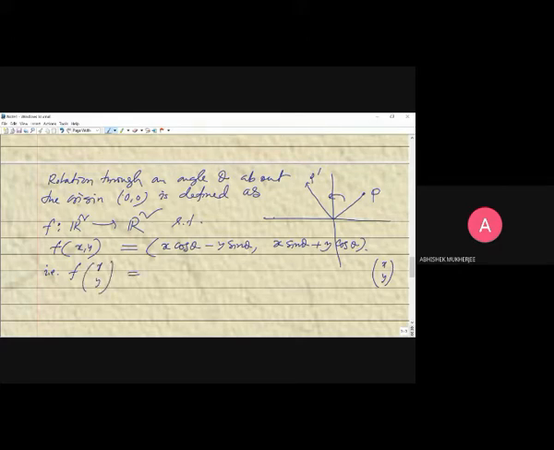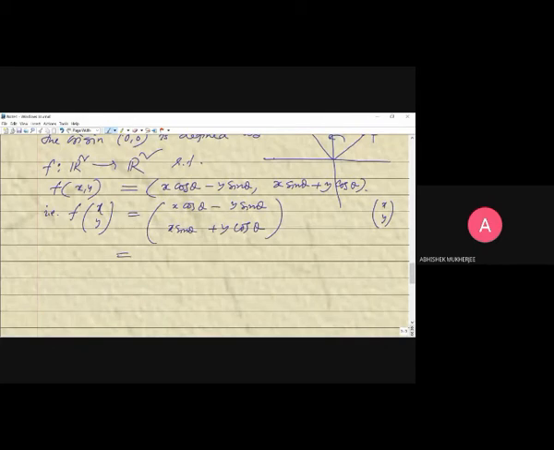So f of (x, y) is (x cos theta minus y sin theta, x sin theta plus y cos theta). That means this is actually the matrix with rows (cos theta, minus sin theta) and (sin theta, cos theta) acting on (x, y), right?